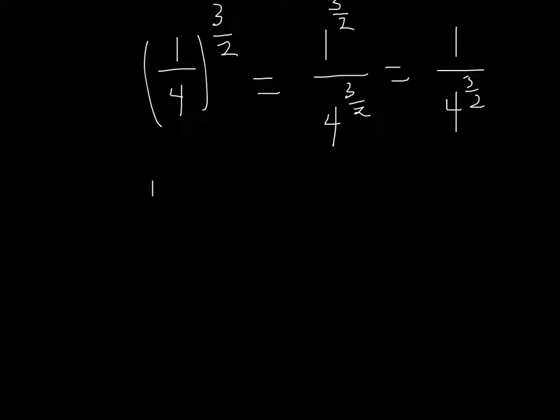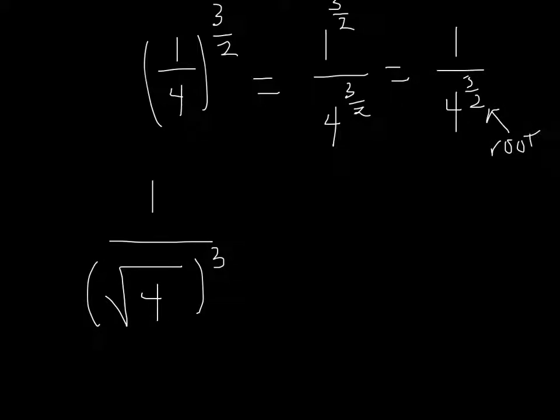I'm going to do the square root of 4 first, and then I'll raise it to the power of 3. So remember, this number here is a root, and this number here is a power. And I want to do the root first because it makes the number get smaller. So the square root of 4 is 2, and I still need to cube it, so I cube it and I have 1/8.